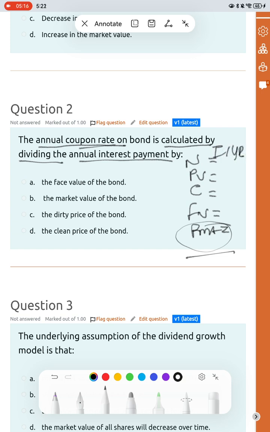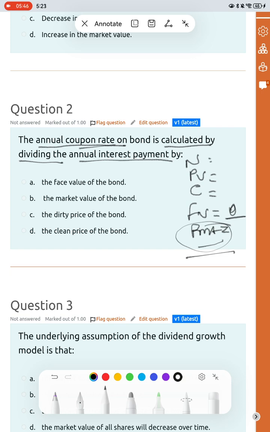So let's go ahead and check, right? Which would then be your future value. It's your payment over your future value. So the formula for coupon rate: the key to remember is that coupon rates are based on face value, right?